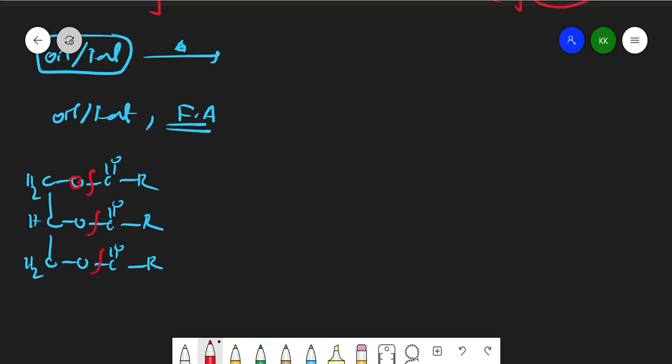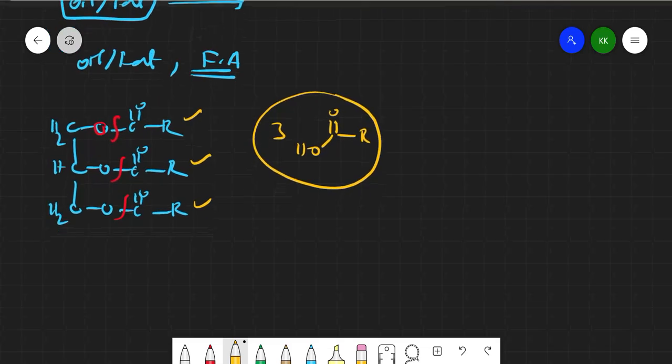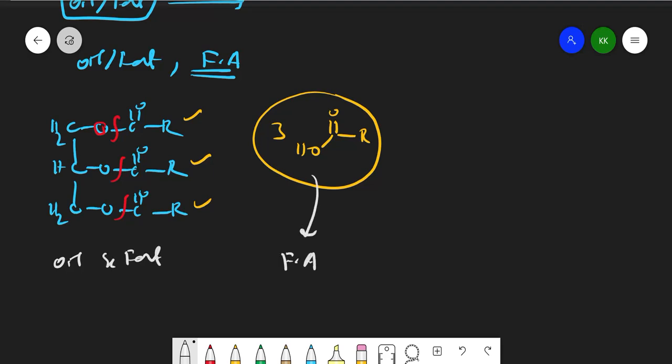So we will get fatty acid here, like RCOOH, three molecules, because one, two, three, so three molecules of fatty acid we can get, right? This was the formula of oil and fat, and this is the formula of fatty acid.